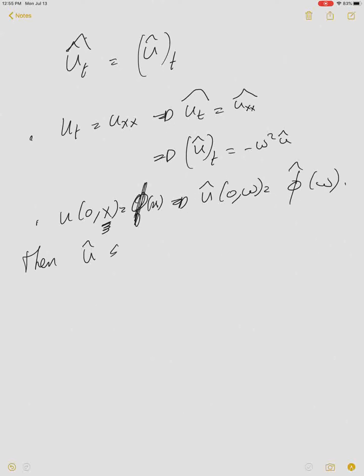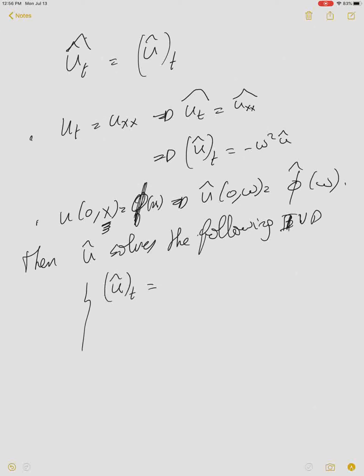Then u hat solves the following initial value problem: u hat sub t equal minus omega squared u hat, and u hat of 0 omega equal phi hat of omega, for t positive, omega in R.